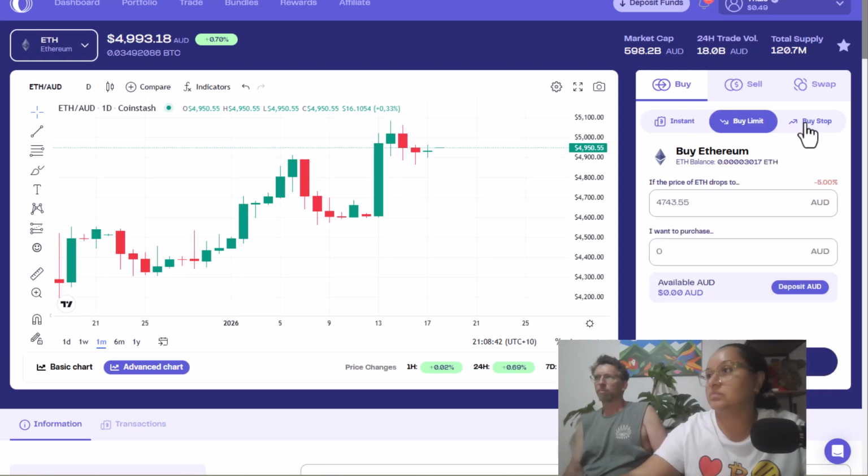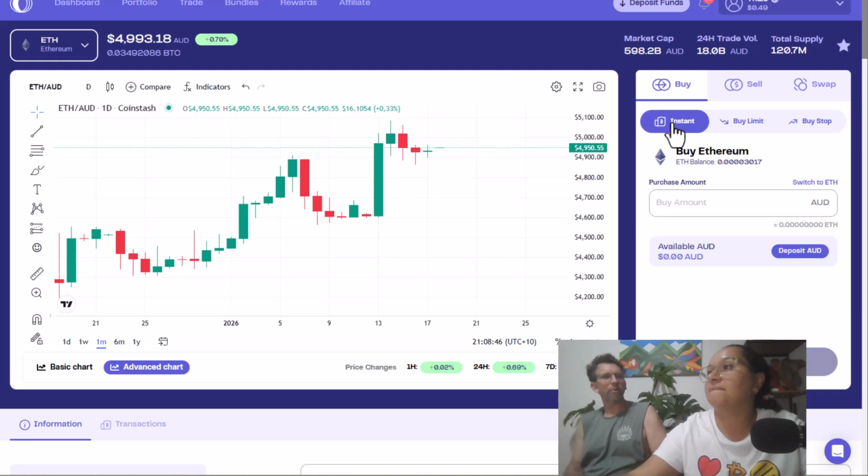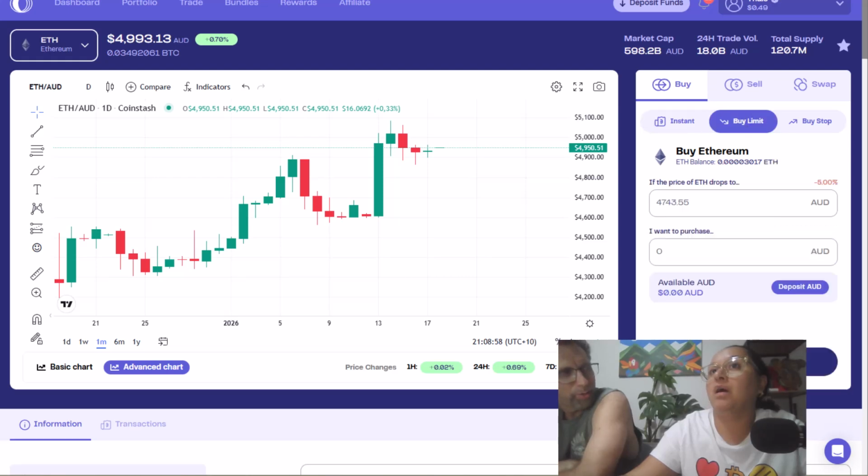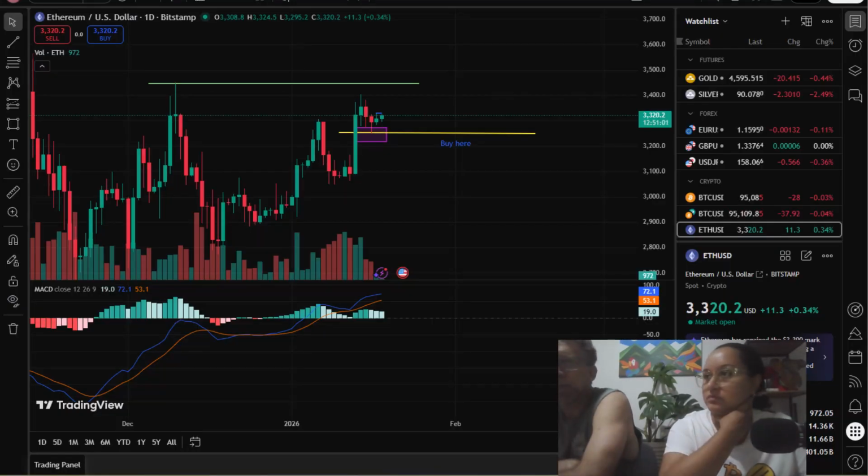They use the term instant instead of market order. Okay. It's instant, I reckon, is the same thing as market order. So just buy whatever the price is at the moment. At the moment, yeah. And there is, of course, a spread. You will always have to pay a little bit of a spread, like any exchange, including CoinStash or any of them.